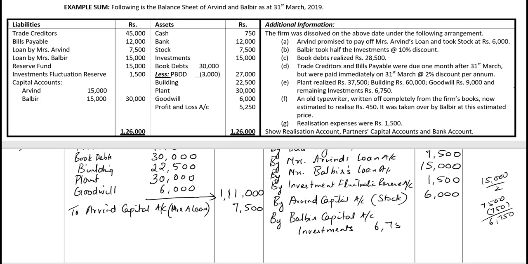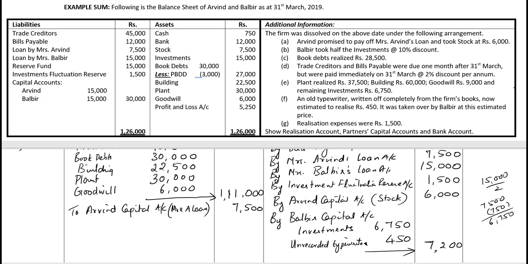So the investments are taken over at the value of 6,750 rupees. There is one more point in point F, that an old typewriter written off completely from the firm's books, now estimated to realize 450, and this was taken over by Balbir at this estimated price. So unrecorded typewriter taken over at 450 rupees. Total of assets taken over, 7,200 rupees.